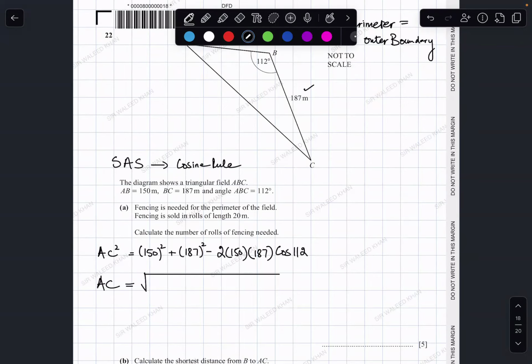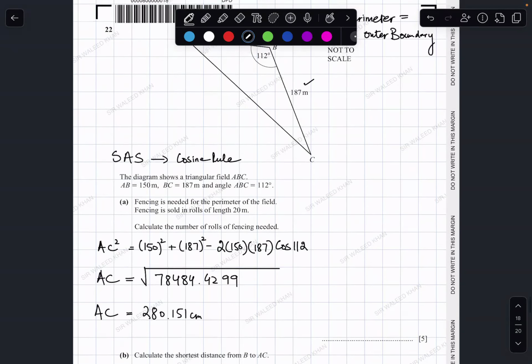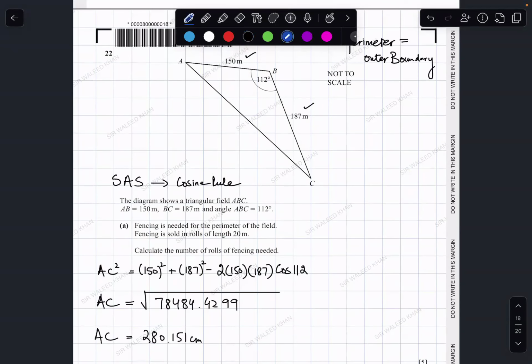We have 78484.4229. Okay. You can take 4 decimal places, 5 decimal places, just for accuracy of the answer. So if you take the under root of this, we have 280.15. Now 280.151.